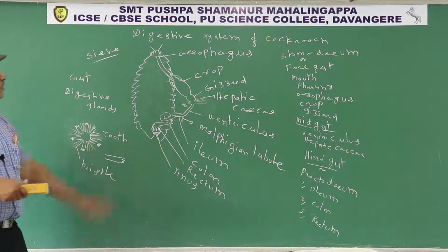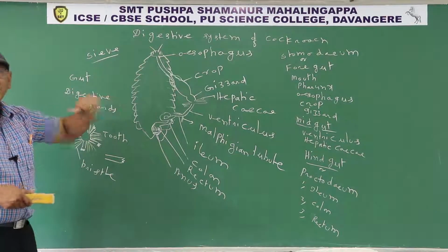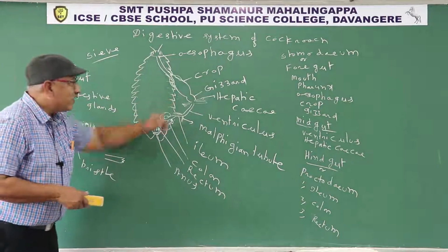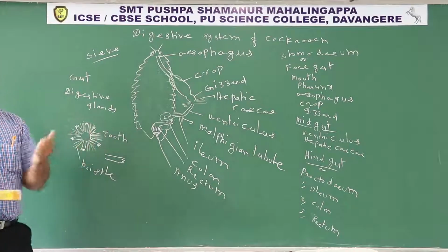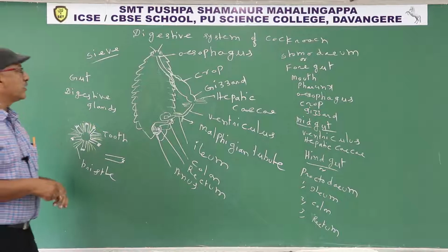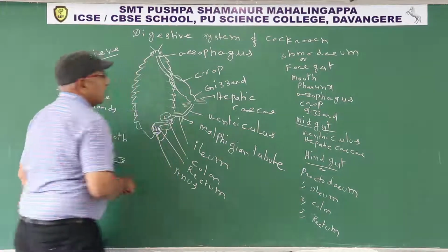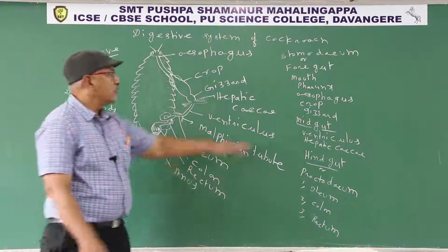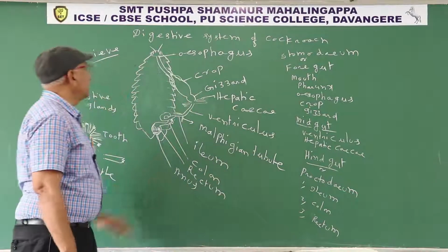So sieve means filtering apparatus. Gizzard acts as a grinding mill, grinding the food material, and moreover as a sieve, a filtering apparatus. Once again, alimentary canal contains 3 parts: foregut, midgut and hindgut.